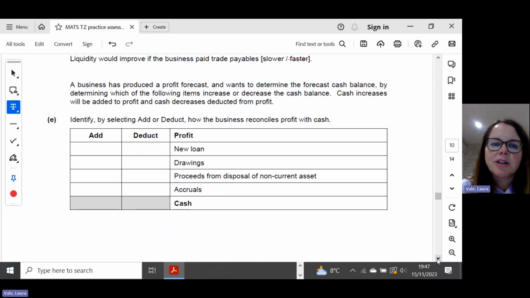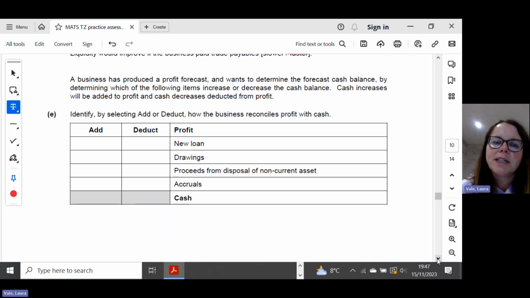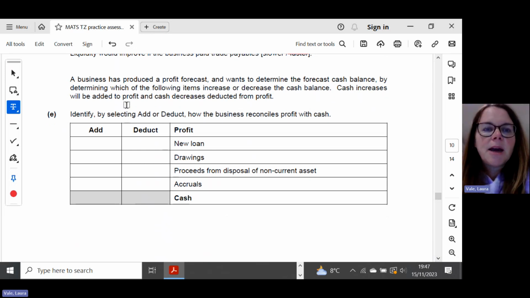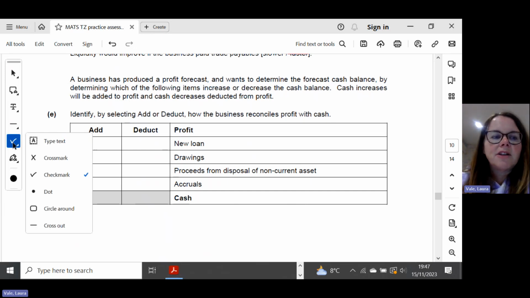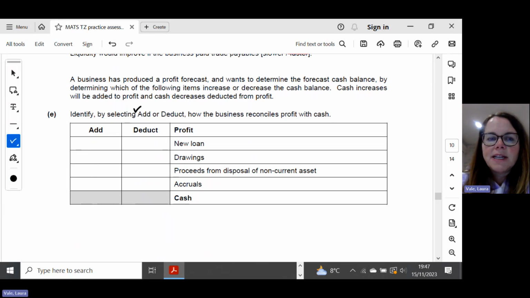A business has produced a profit forecast and wants to determine the forecast cash balance by determining which of the following items will increase or decrease the cash. Cash increases will be added to profit. So you see we're starting with profit. Right, so a new loan.